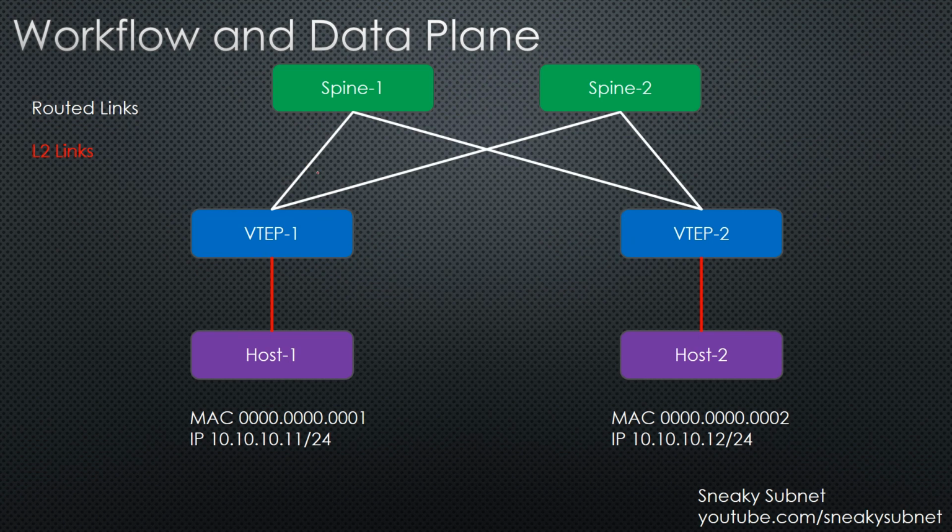And as I said, these links are routed links. So here we will run our so-called underlay network. The goal of this network is to establish IP connectivity between VTEPs. So each VTEP will have a loopback interface.